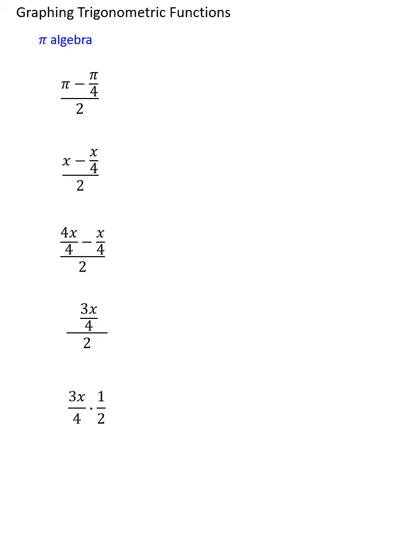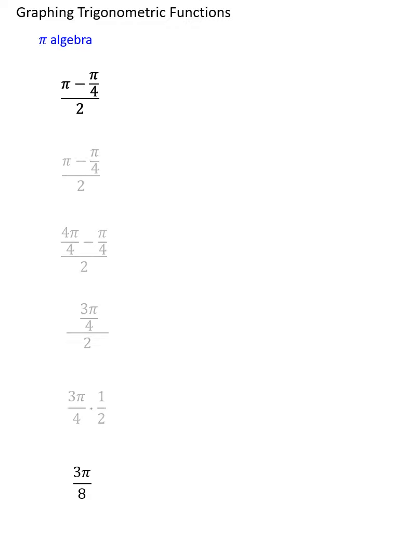Then, recalling that dividing by 2 is the same as multiplying by the reciprocal of 2, and then multiplying across, and using some basic algebra here, you can see that the simplified version of this would be 3x over 8. Now, I'm not suggesting that you literally take out the letter pi and replace it with the letter x, but just as a mental thought process, treat pi as if it were a, quote, variable, and just do the simplification as if it were an algebra problem.